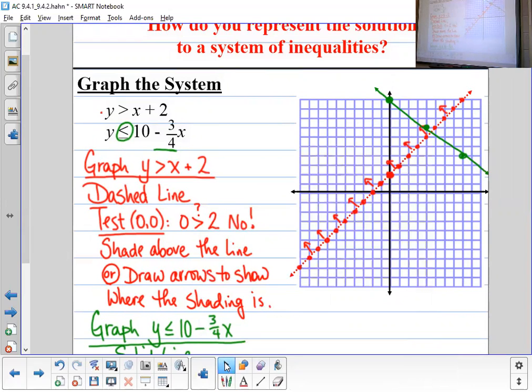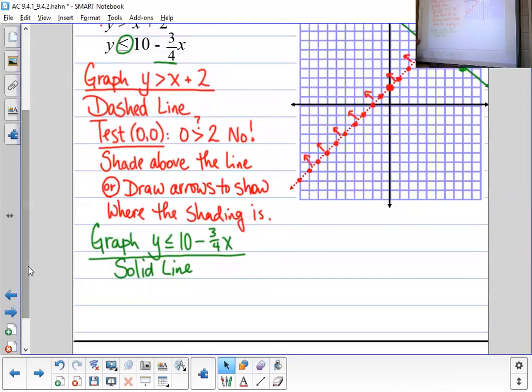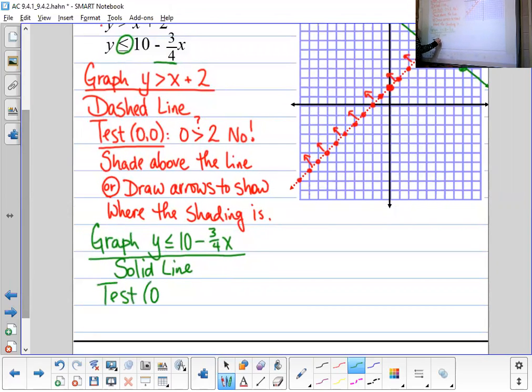Now I need to figure out which side of my green line should be shaded. So again, I'm going to do a test point. Can I use 0, 0 as my test point? Yes. Okay, so I am going to test 0, 0. And when I do that, I have 0 is less than or equal to 10 minus 0. Is that true?